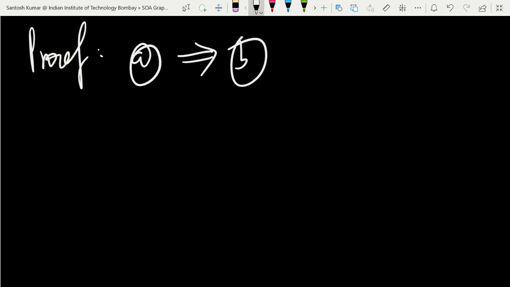A is the statement that G is bipartite. And B, I have to prove that every face of G has even length. Face has even length means the length of the boundary is even.